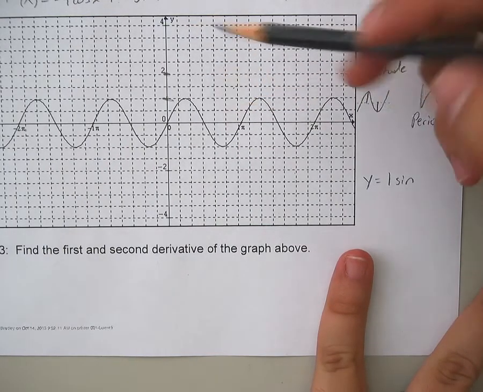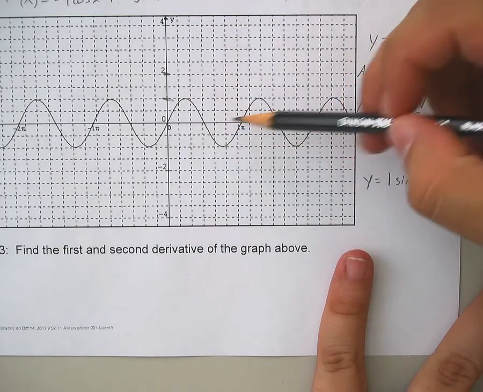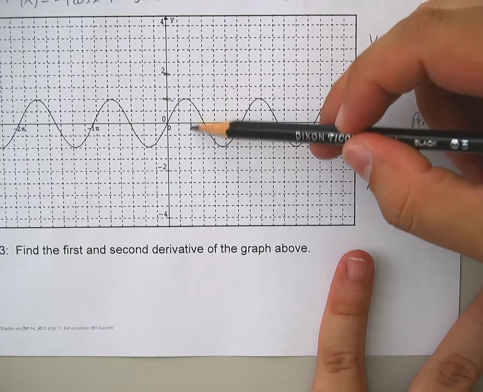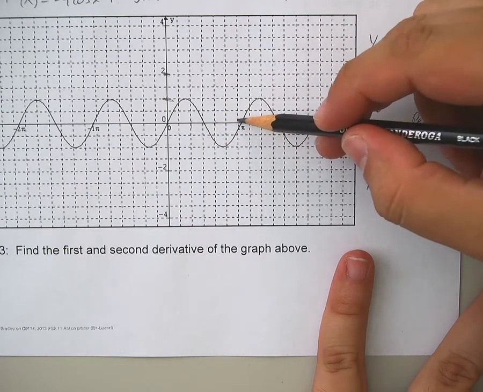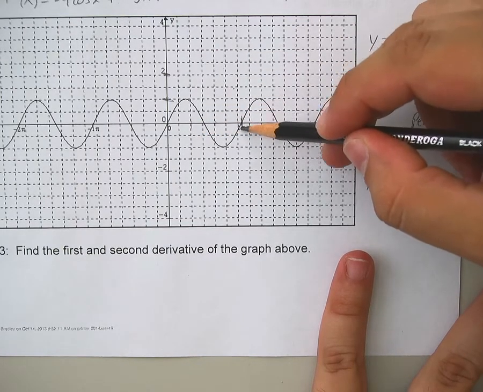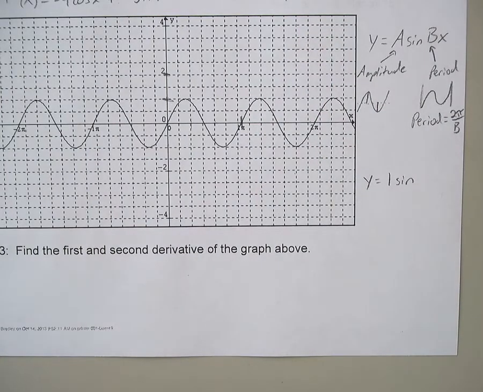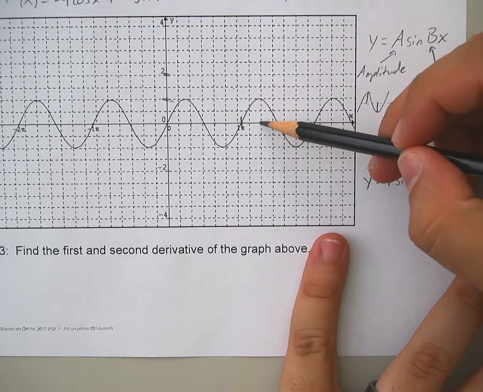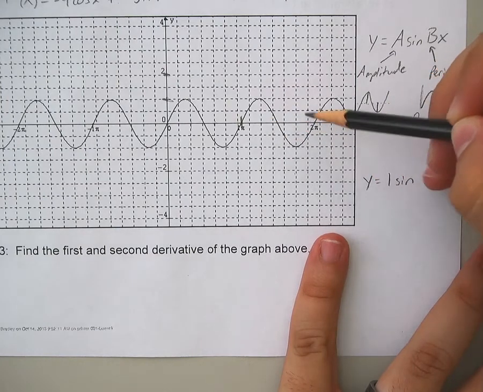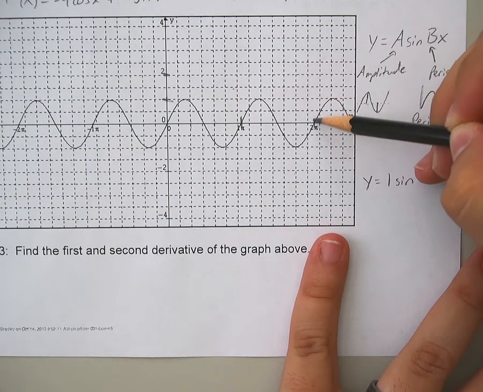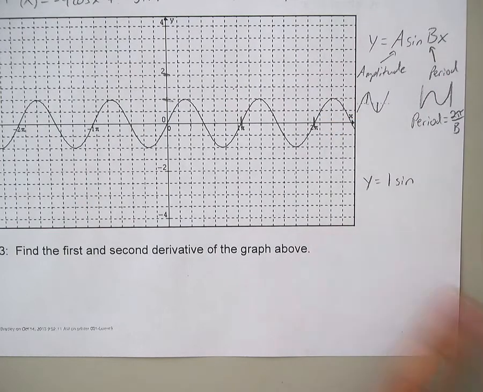Now remember this: 1, 2, 3, point 14. There's 3.14. Then 4, 5, 6. Here's 2 pi. So how many waves did you complete in that 2 pi length?